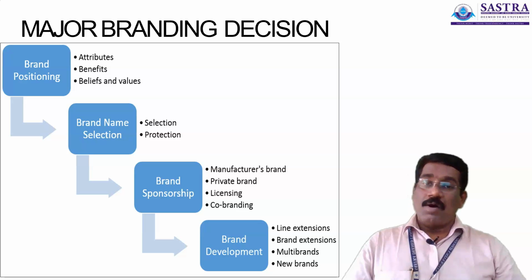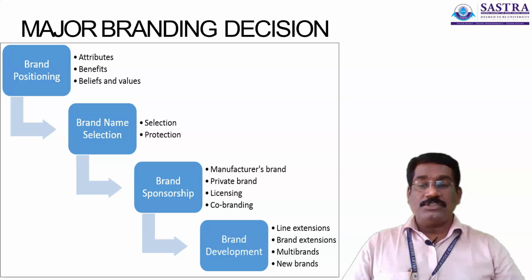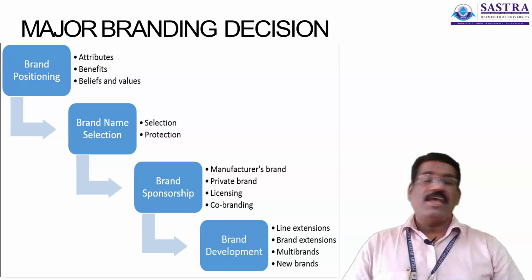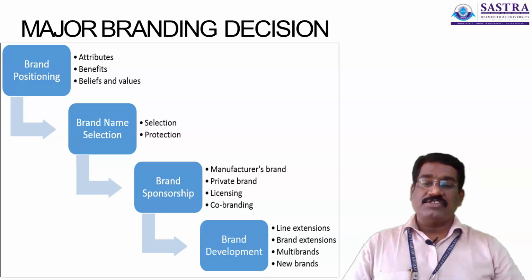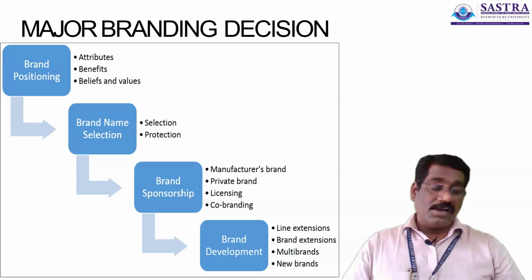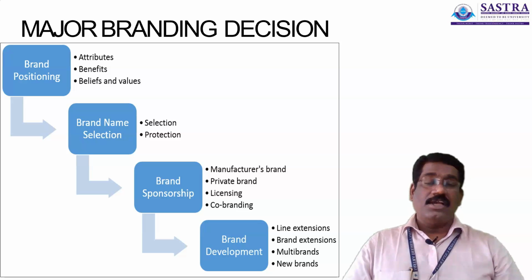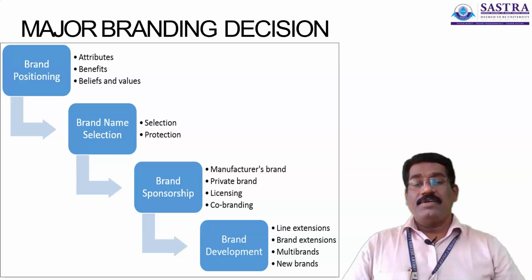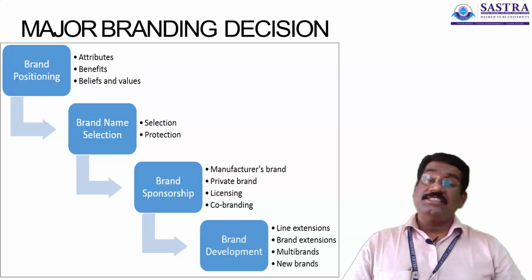And when you talk about brand sponsorship, we have different categories like manufacturers' brands, private brands, licensing, and co-branding. When you talk about the private brand, when you go and buy national brands, even Reliance Fresh has come out with a private retail brand called Reliance Select.